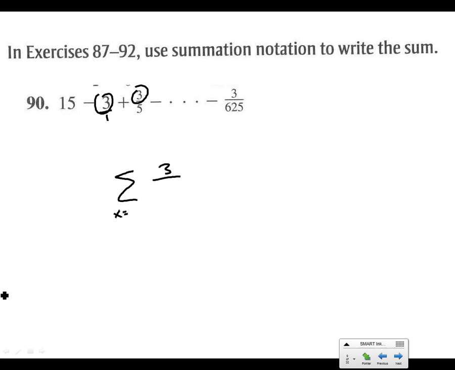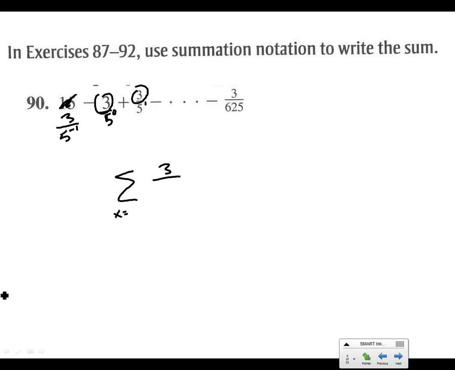The problem is this 15, and it looks like, what if we changed it to this? 5 to the 0, 5 to the first. Would this be 3 over 5 to the negative 1? Remember, negative 1 means flip it over, so if I bring 5 to the top, it's 3 times 5, which is 15.